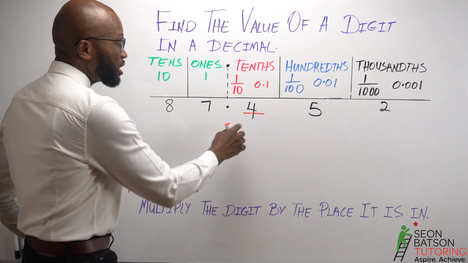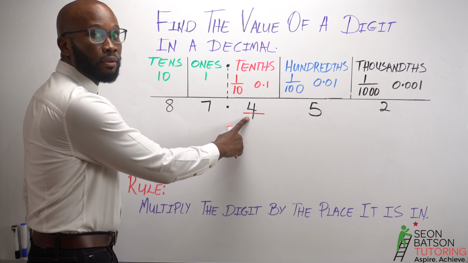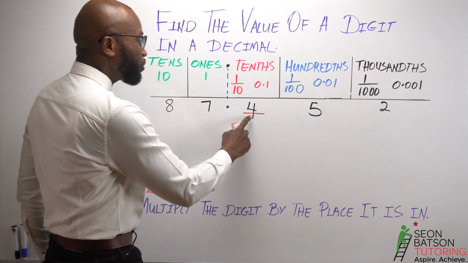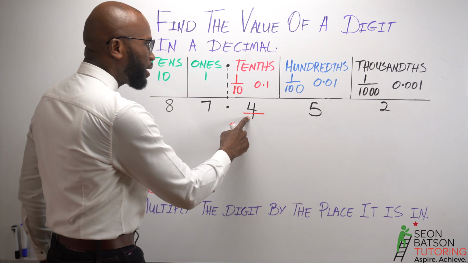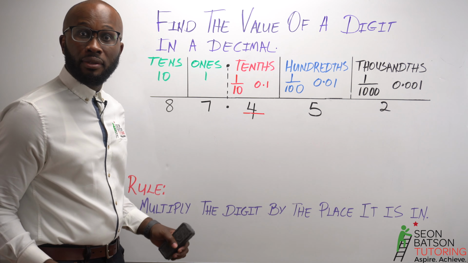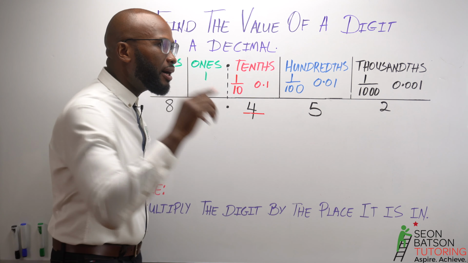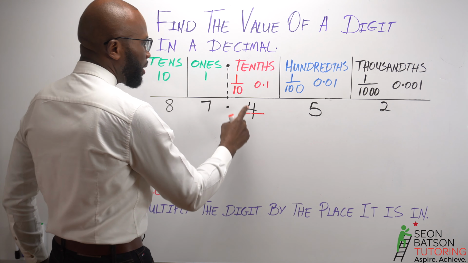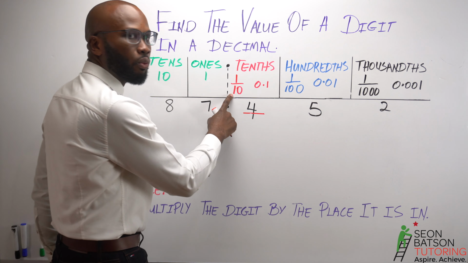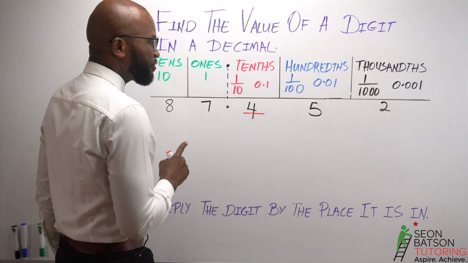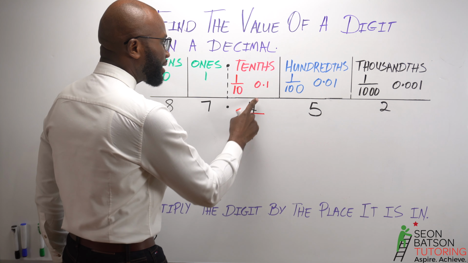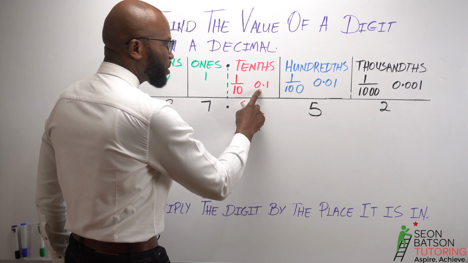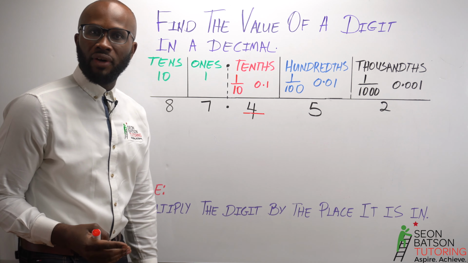So since we want to find the value of the 4, we simply have to multiply this 4 by the place that the 4 is in. Since the 4 is in the tenths place, we can multiply 4 by the fraction 1 over 10 to find its value, or we can multiply the 4 by the decimal 0.1 to find its value as well.